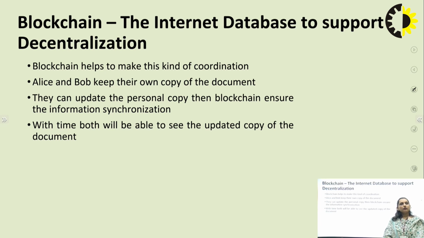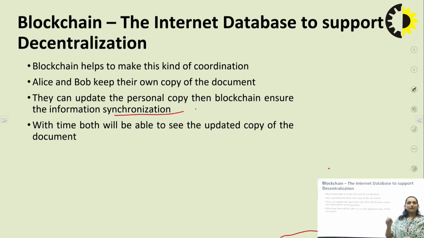So the blockchain helps to make this kind of coordination, that is, coordination between the local copies. Alice and Bob have their own copies of the document. They will write, edit, read and update it, and the blockchain ensures that the information is synchronized between them.